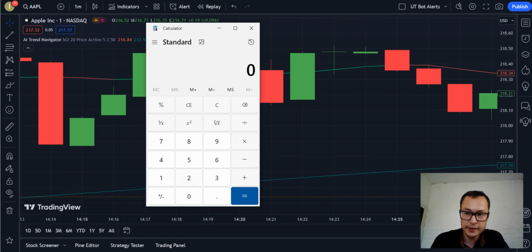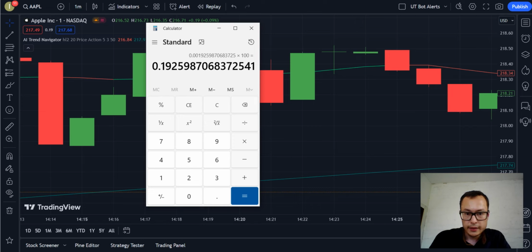So the final price, which is the price at which we sold our Apple stock, is $218.49. So the final price minus the initial price, which was $218.07, the price at which we bought the Apple stock, divided by the initial price, which was $218.07, times 100.